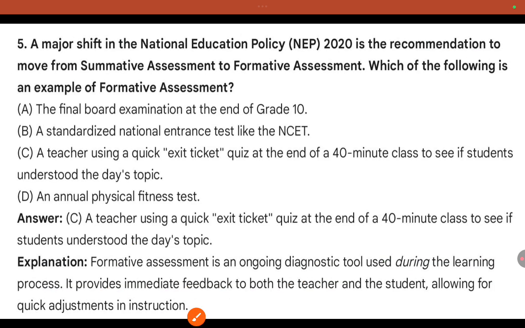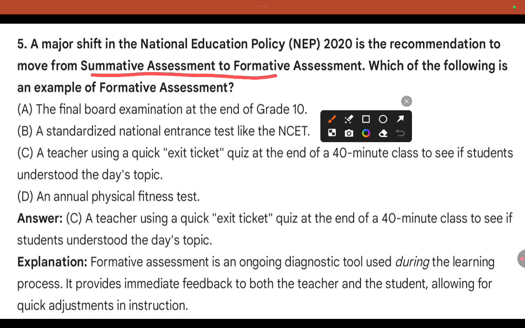Question number 5. Question number 4 is missing. A major shift in the National Education Policy NEP 2020 is a recommendation to move from summative assessment to formative assessment. Which of the following is an example of formative assessment?